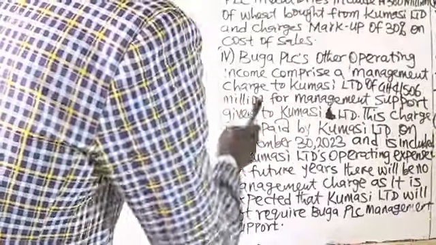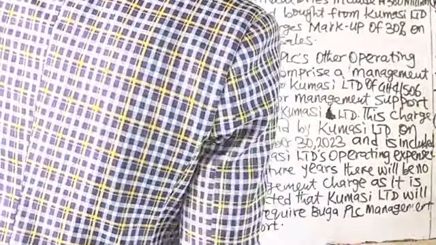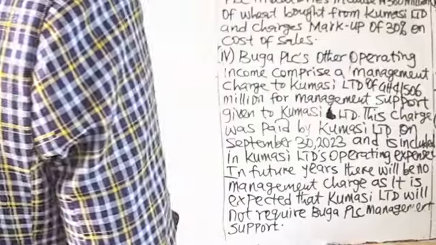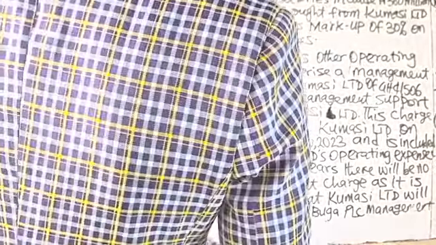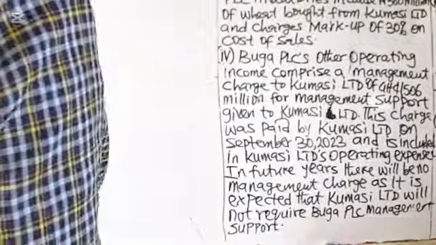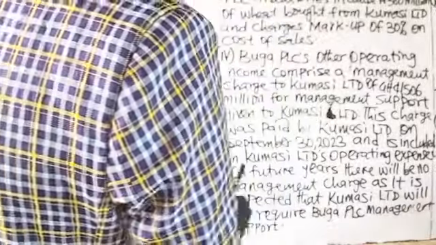Note 4, Buga PLC other operating income comprises management charge to Kumasi Limited of 1.506 billion Ghana cedis for management support given to Kumasi Limited. The charge was paid by Kumasi Limited on September 30, 2023, and is included in Kumasi Limited operating expense in the year.